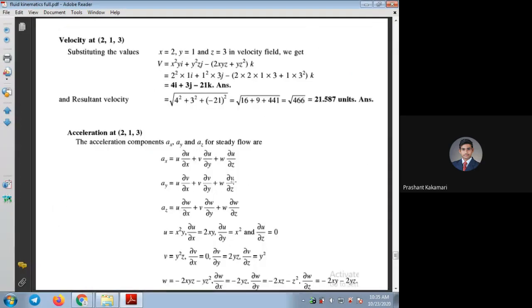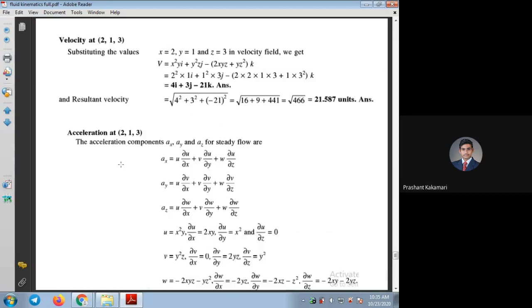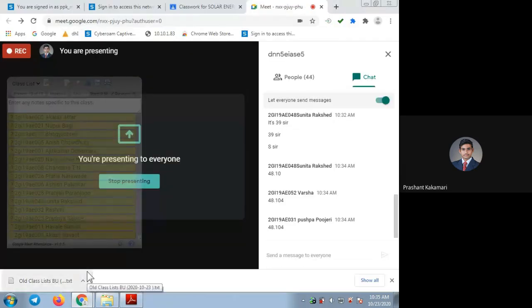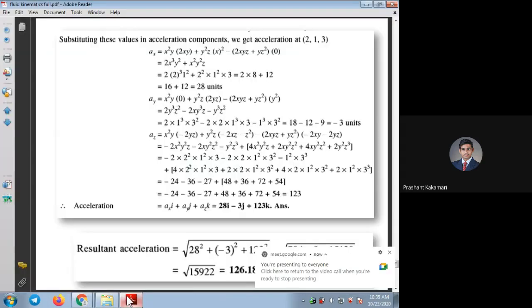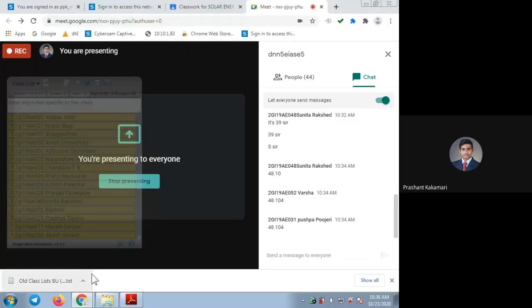So for this given problem in the notes, problem number 5.8, all of you remember this problem number 5.8. Resultant acceleration is coming around 48.10, okay, as per the other results. Shall we move to the next slide?